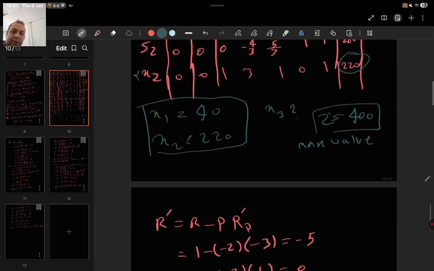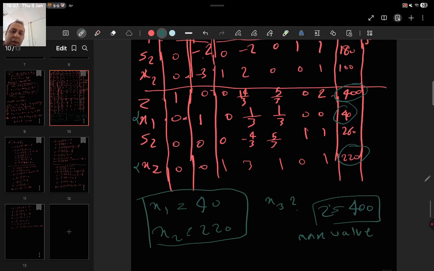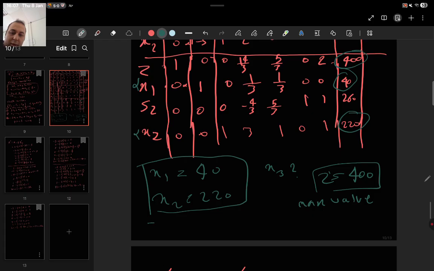In our z, we have the equation, right? We have the equation which is minus x1 plus 2x2 plus x3. We substitute x1 and x2 equal to 400.